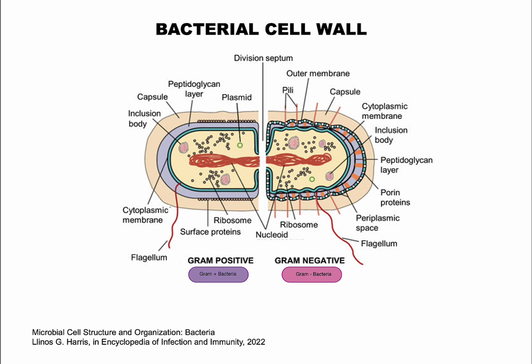The bacterial cell wall serves multiple functions beyond providing structural strength to the cell. It plays a crucial role in maintaining the cell's shape, which is vital for its growth, reproduction, nutrient absorption, and movement.